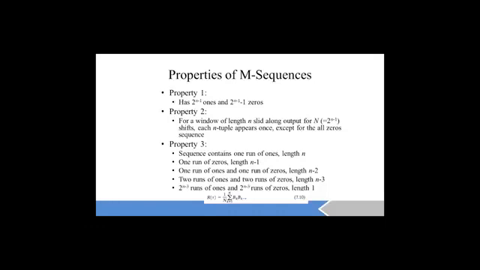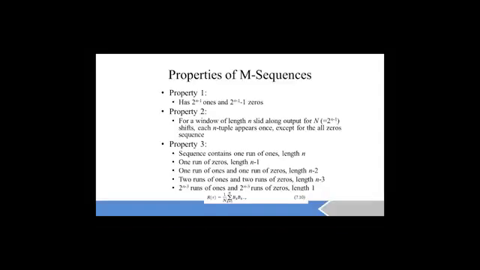I will discuss. First, property number 1: an M sequence has 2 raised to power n minus 1 ones and 2 raised to power n minus 1 minus 1 zeros.